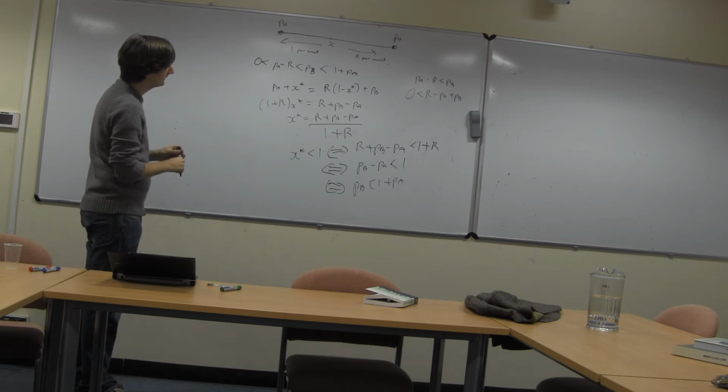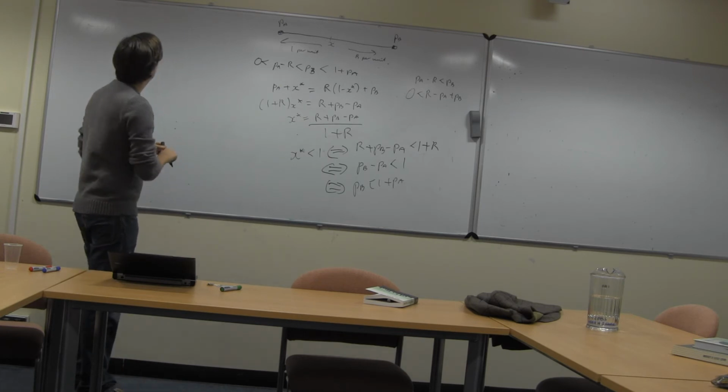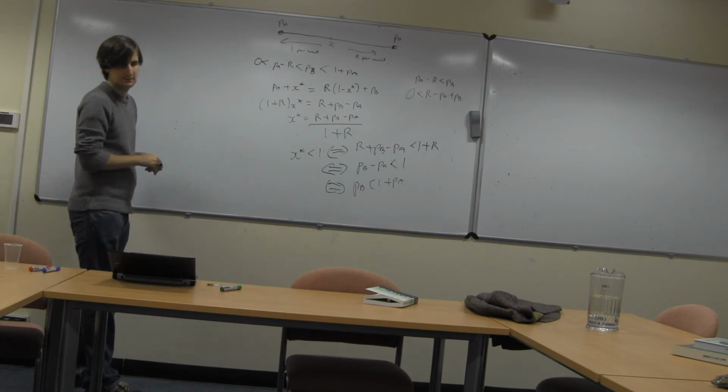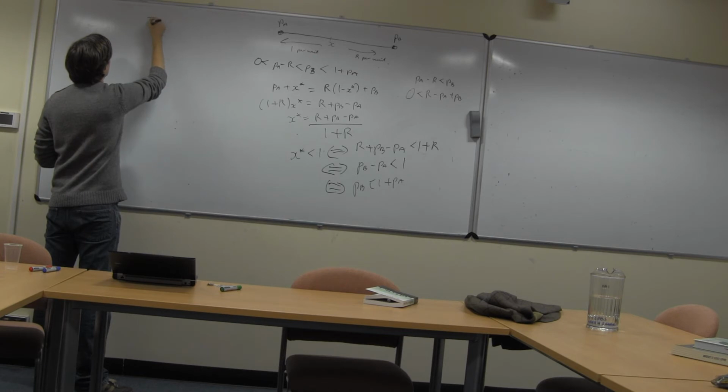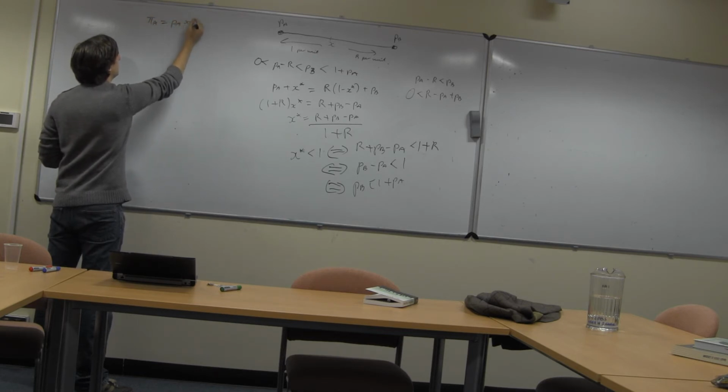So what prices would these people like to set? I'm not sure that's what the question asks you to do, but it's the obvious thing to look at. Okay, so the profits for firm A, well that's PA times X star.